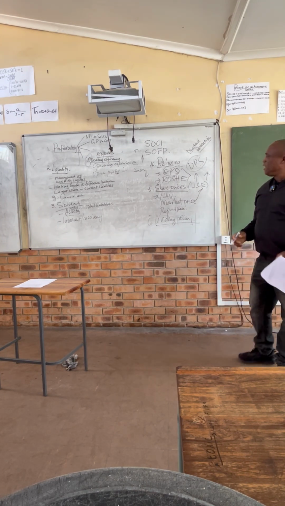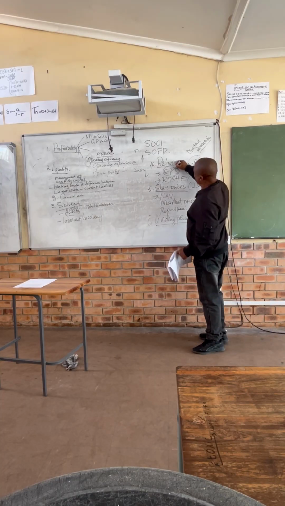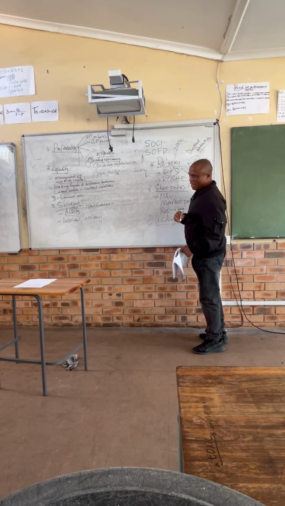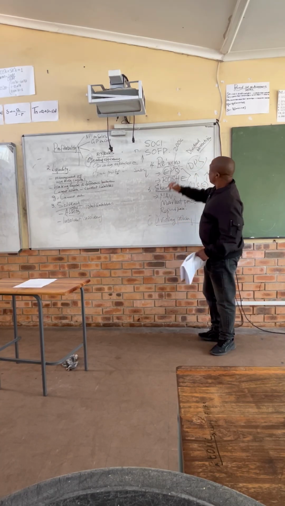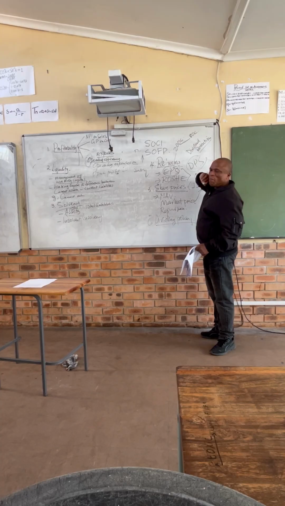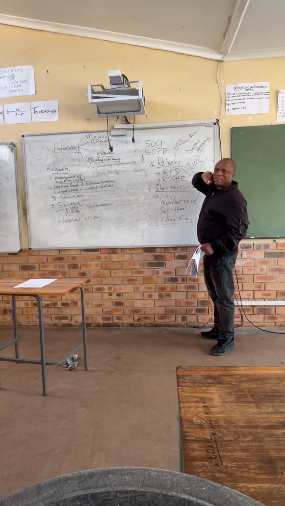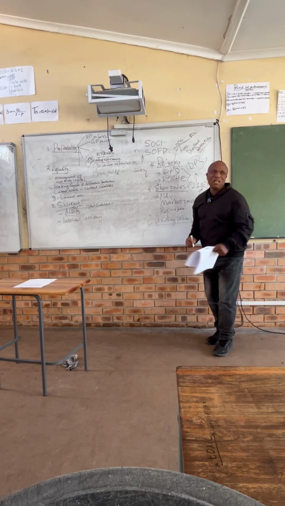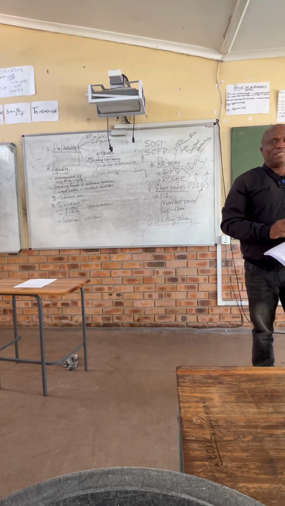For example, let's say our earnings per share, we got 200 cents per share. Out of this 200, we pay dividends of 80 cents. How much is left in the company? 120. That 120 is called the dividend retention, and we can express that as a percentage.